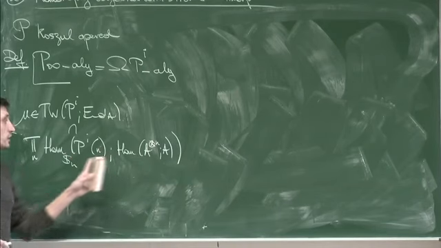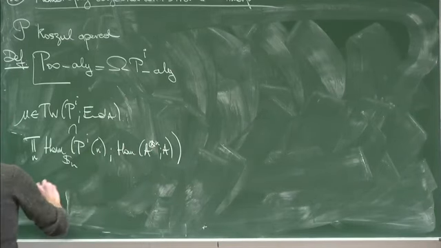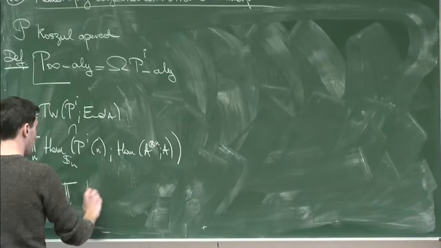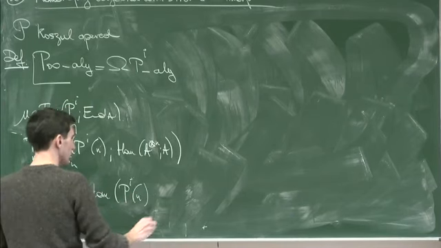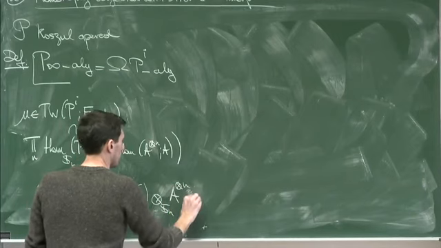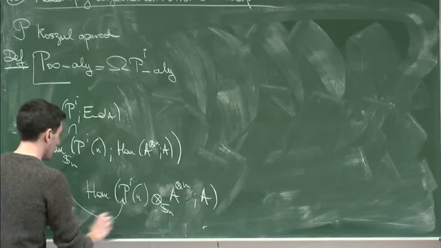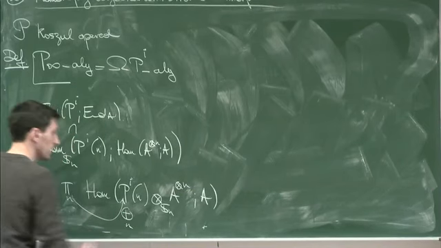Then I can use the adjunction and pull that over there. So this is isomorphic to the product over n of Hom of P anti-Schrick of n tensor over S_n A to the n, A. I can put the product inside the Hom by considering the sum over n.